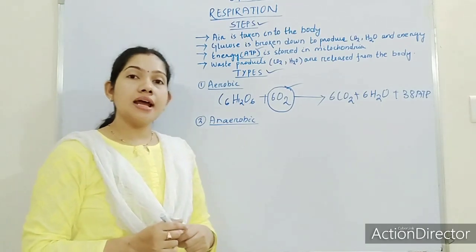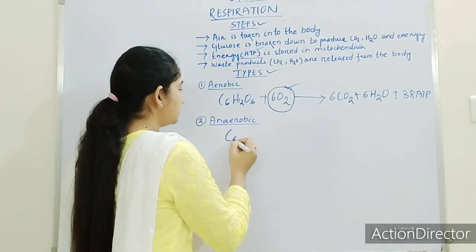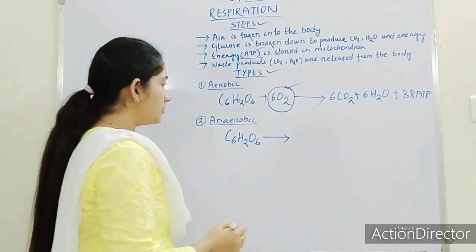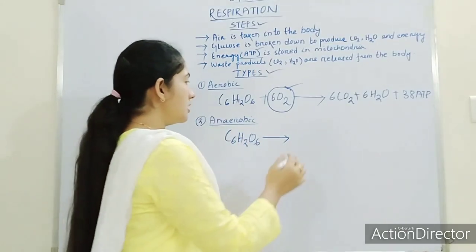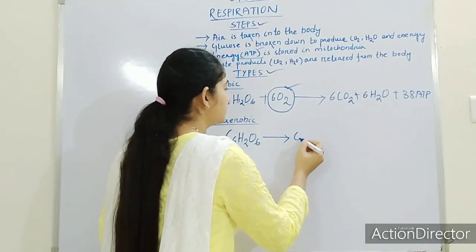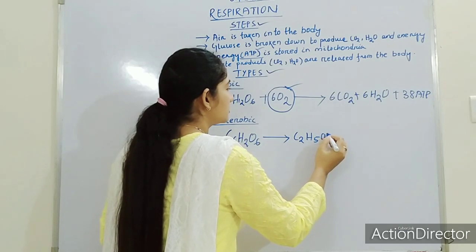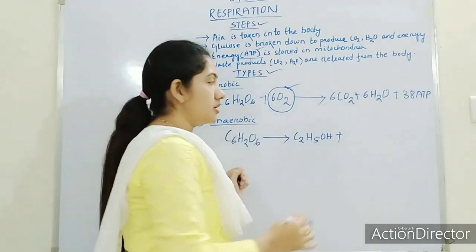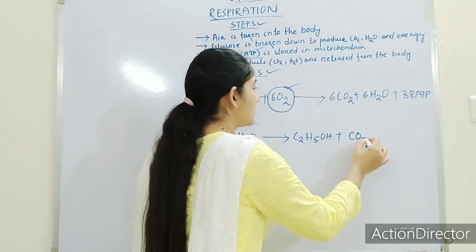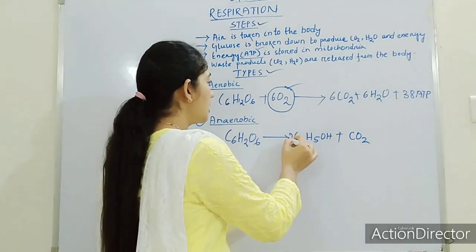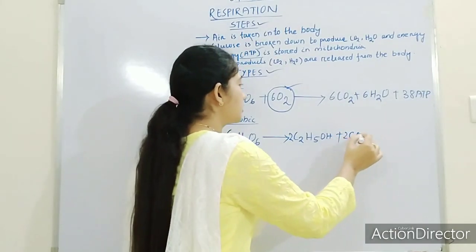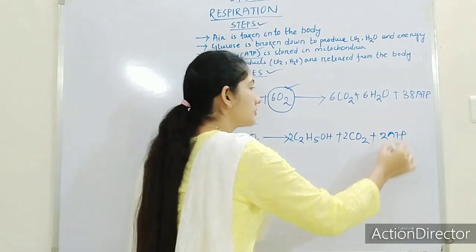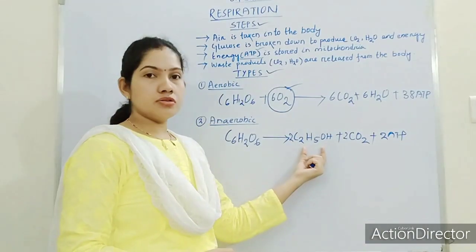So here we can write the equation as glucose is broken down in absence of oxygen to form alcohol and carbon dioxide plus energy also. Got it? This alcohol is also known as ethanol.